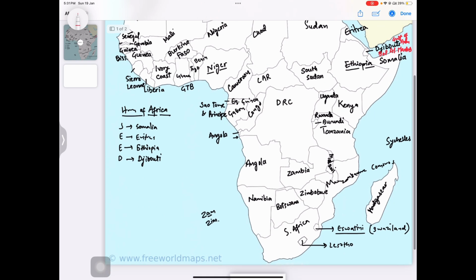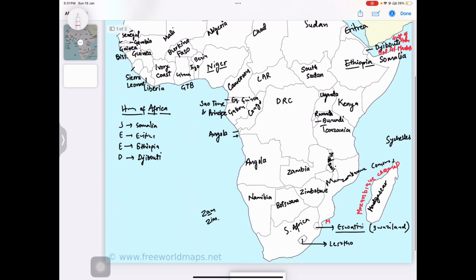Okay, this is Mozambique Channel. This is Maputo Bay, or whatever you call it. This is Algoa Bay, I guess.